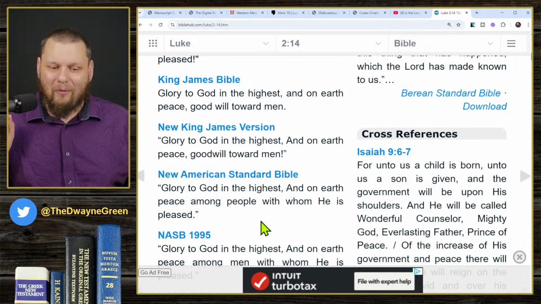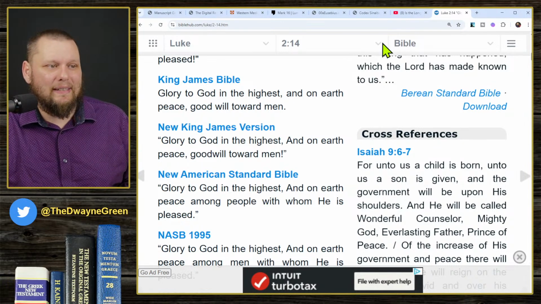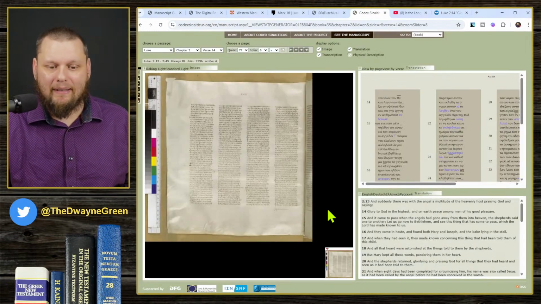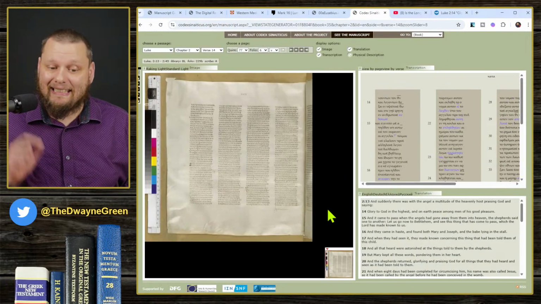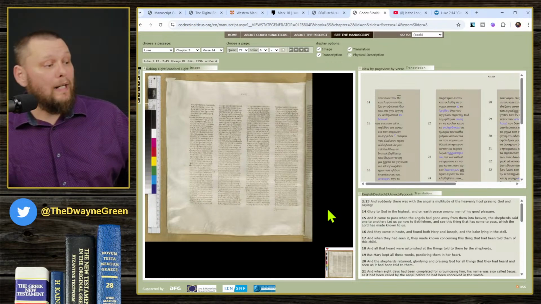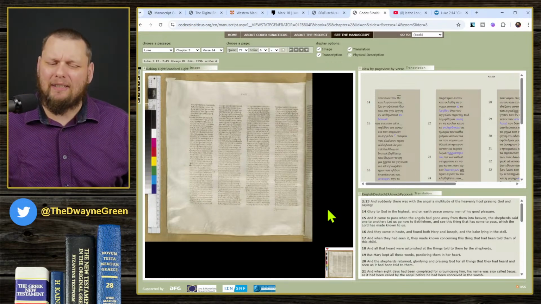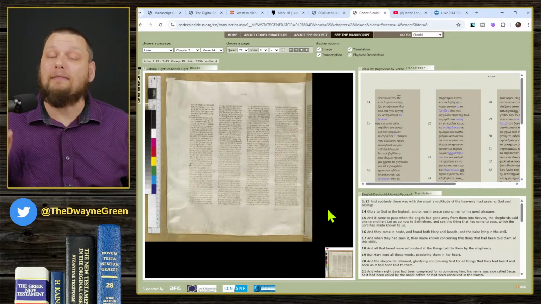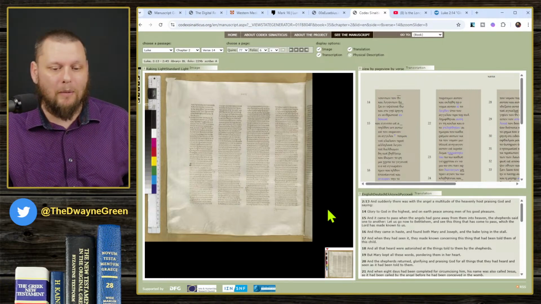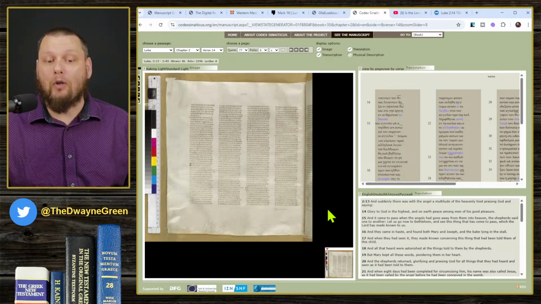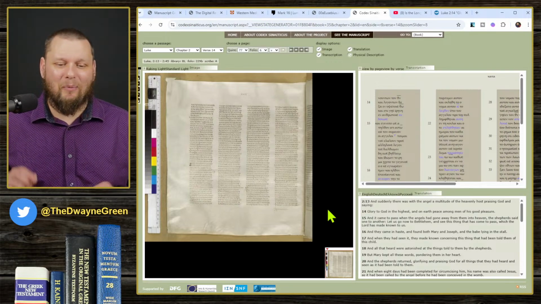Now, we'll take a look at this in Codex Sinaiticus, because the difference between these two readings is a textual difference, but what's more interesting is that it is literally a single letter. The word for pleased is eudokia.